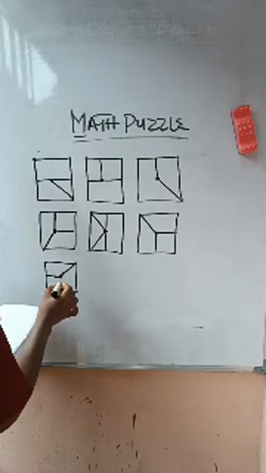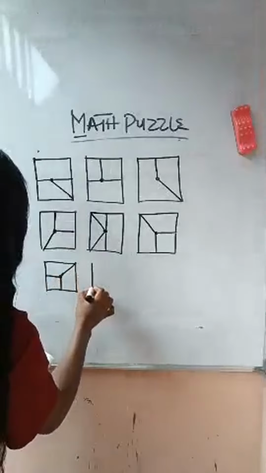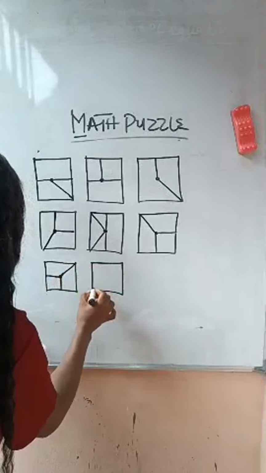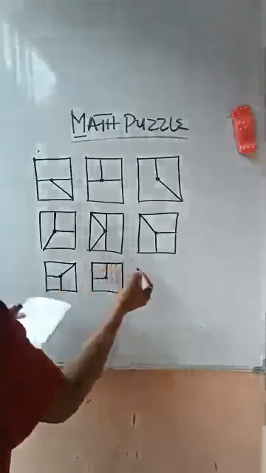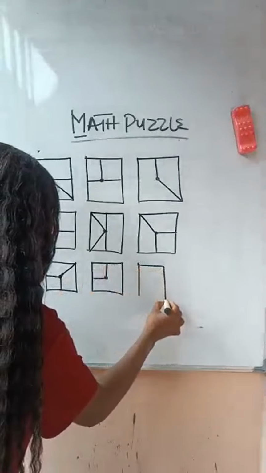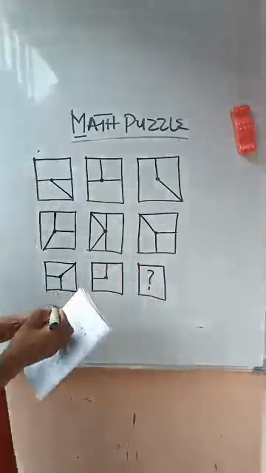Then we have the second one, this and this. Now we are asked to find this one.